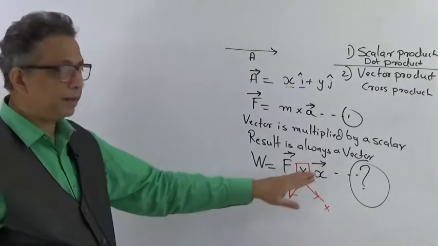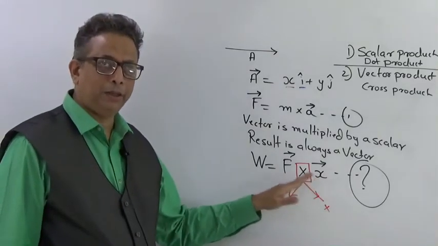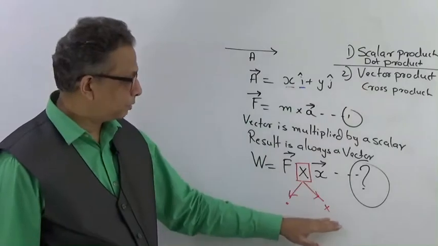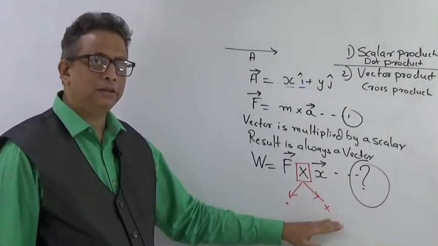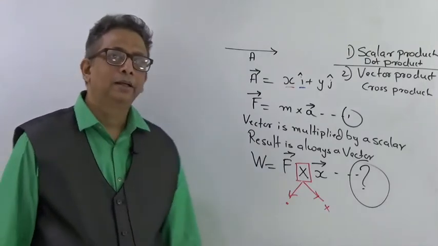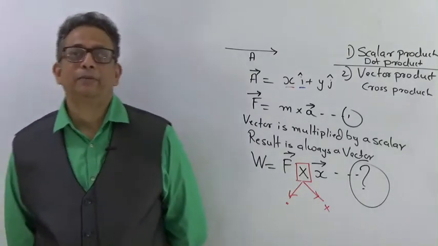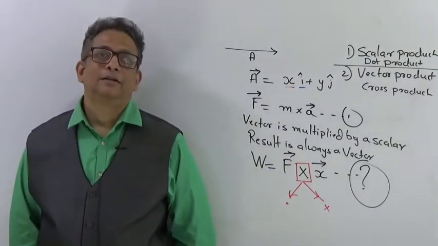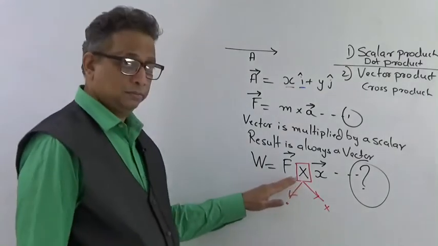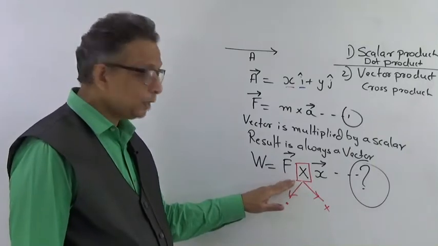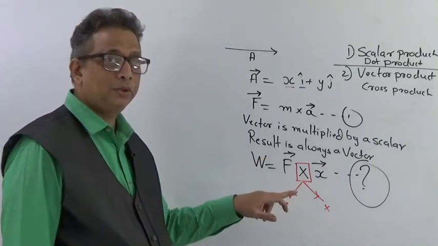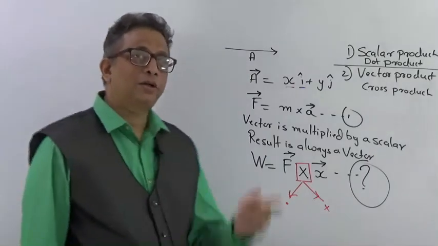Cross, like we normally write our normal multiplication cross, will be used for vector product, and a dot is used to represent that the two vectors are being multiplied as a scalar product, correct? I have not told you which, because the answer will depend upon what type of multiplication we have to do.